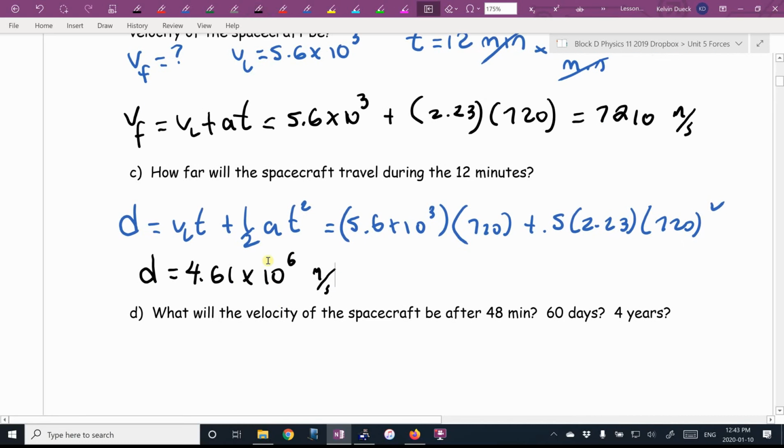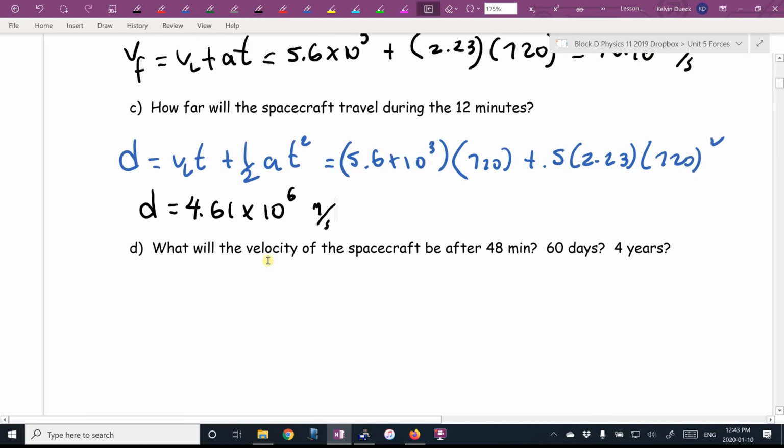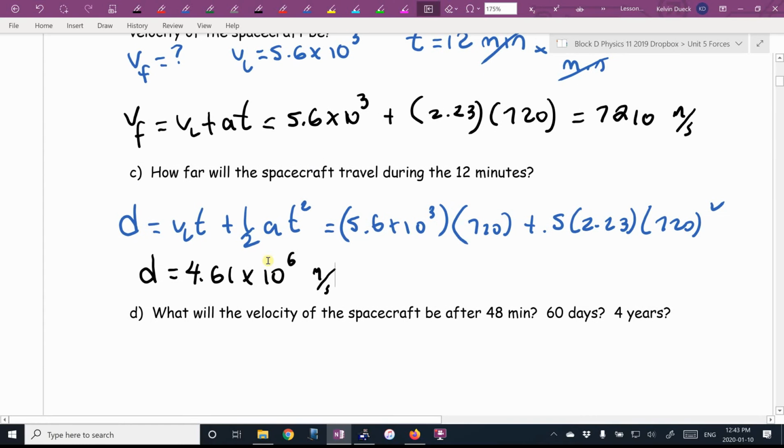D. What will the velocity of the spacecraft be after 48 minutes, or 60 days, or 4 years? What's the answer? Yeah, Ange? Oh, units are wrong. Is that what you're saying?